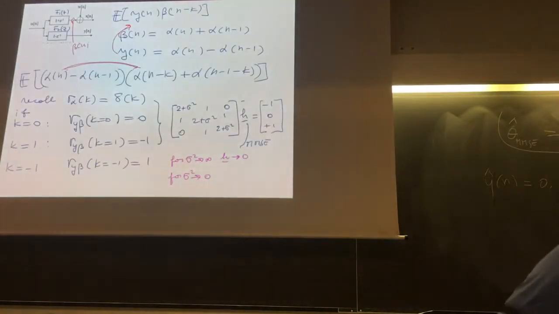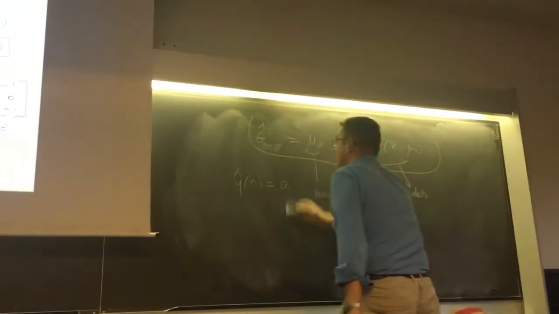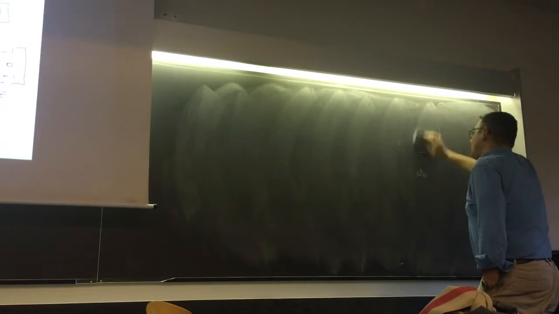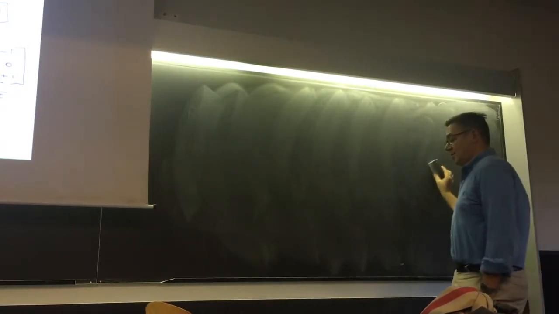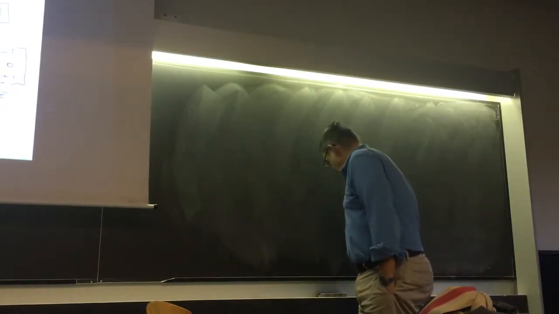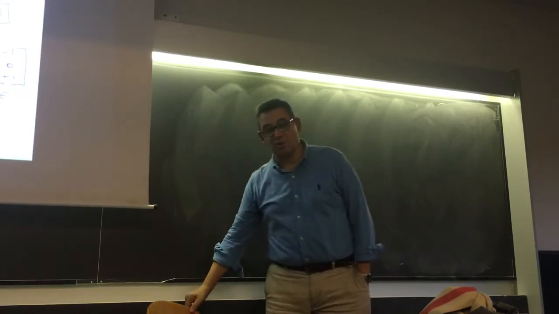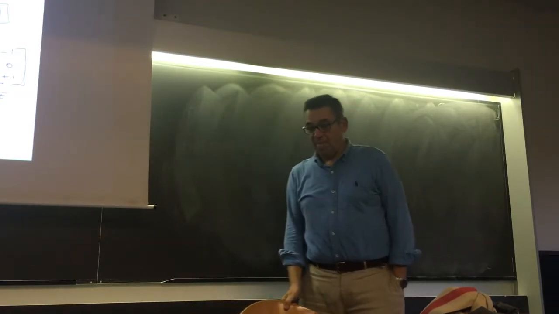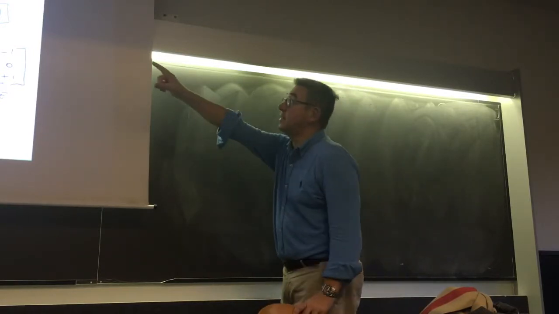My goal is to show you that the matrix does not always have a Toeplitz structure. And I take the opportunity to mention that if it is Toeplitz structure, the process is stationary. So let's assume we have that exercise here.